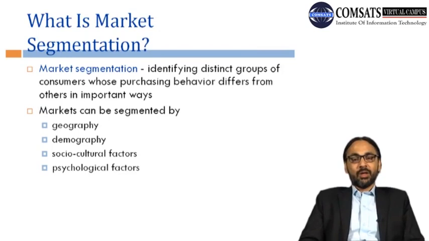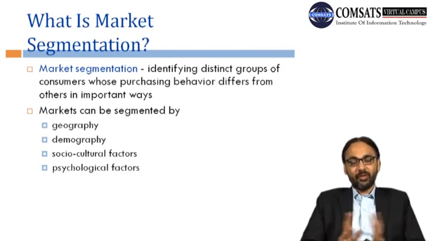Okay, because of these differences across the countries, the first factor they are saying, and within the market they do market segmentation. Market segmentation is identifying distinct groups of consumers whose purchasing behavior differs from others in important ways.